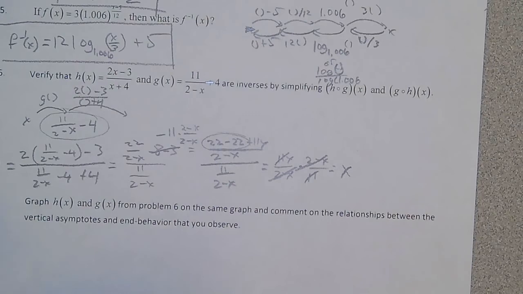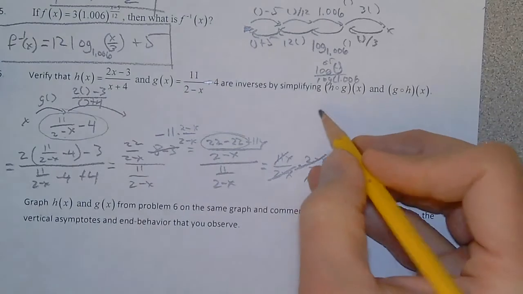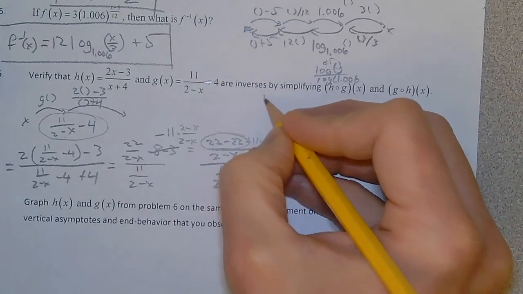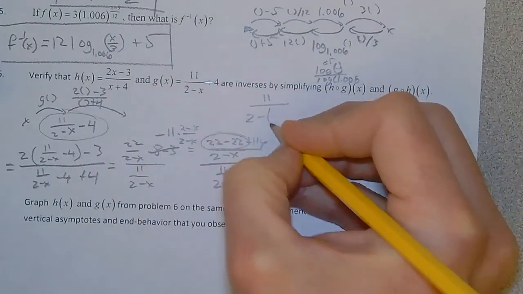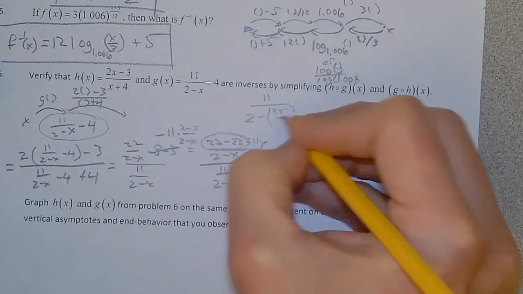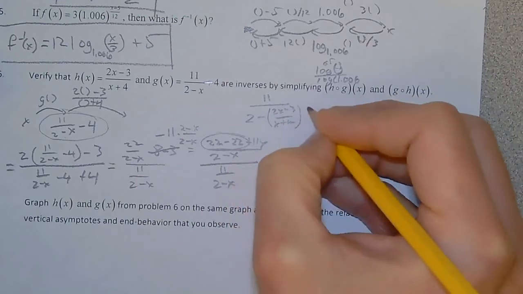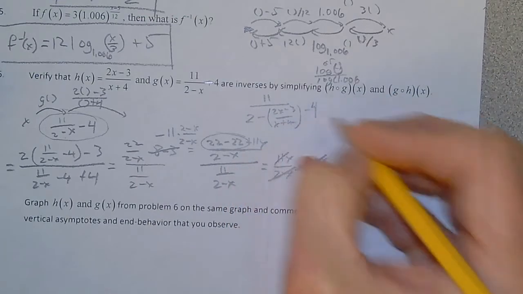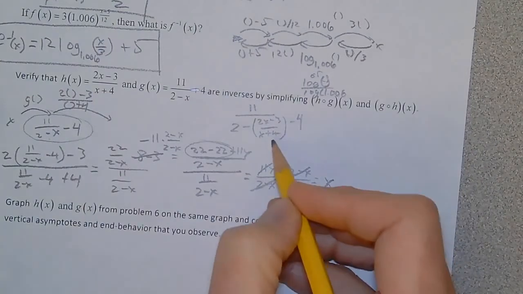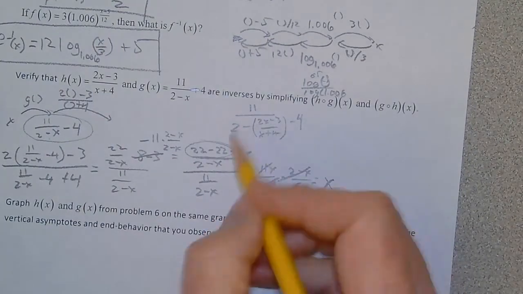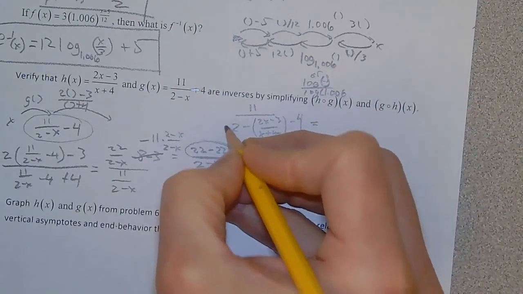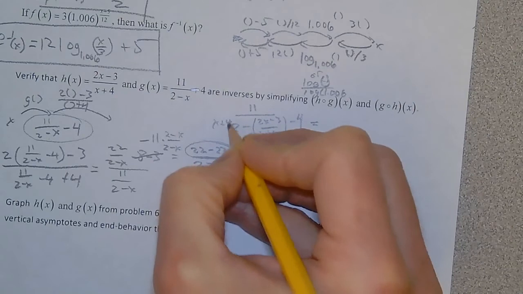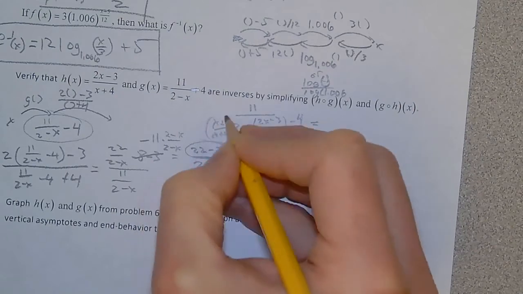To verify this inverse, I need to do it the other way as well. That's going to look like an 11 over 2 minus all of this h stuff, the 2x minus 3 over x plus 4, minus 4. From that, I'm going to have to do the common denominator business down here and multiply this by x plus 4 over x plus 4.